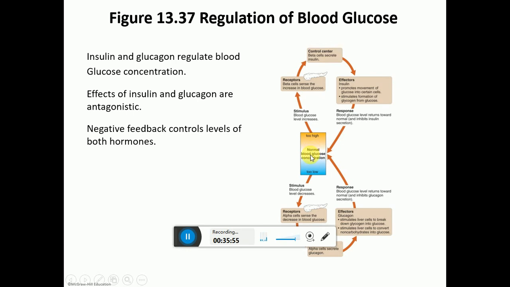While if the blood glucose levels go too low, that will stimulate the alpha cells of the pancreas to release glucagon, and glucagon is going to break down glycogen found in the liver and muscle, releasing all of that glucose into your bloodstream, bringing the blood glucose levels back to normal.